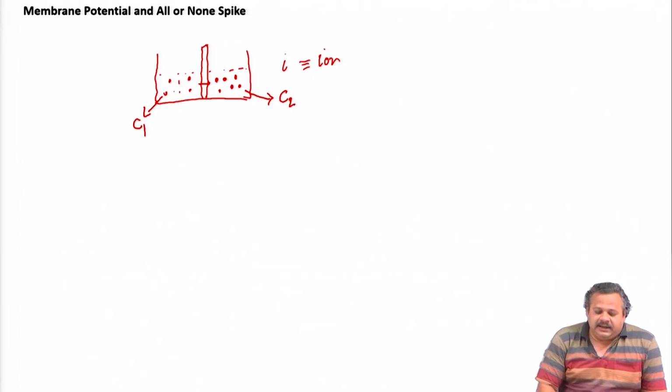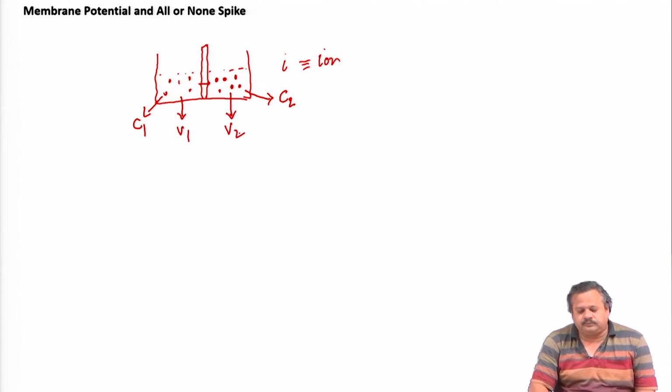And let us say that this equilibrium is reached when the potential on the left hand side is V1 and the potential on the right hand side is V2.